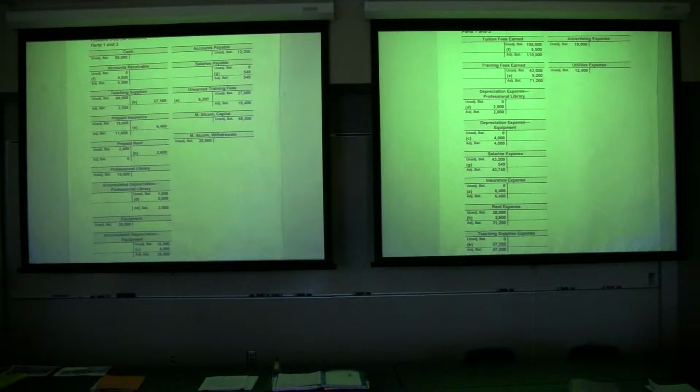And then prepaid rent is just zero. Salaries expense. Cumulative appreciation, so you add 40%.